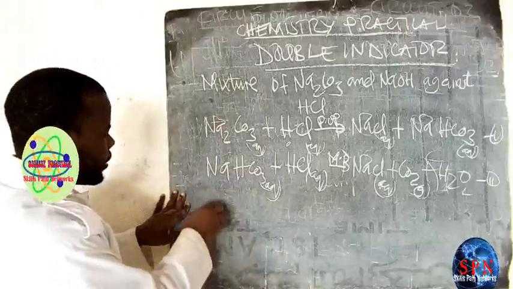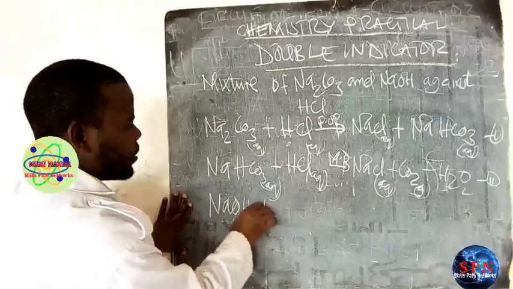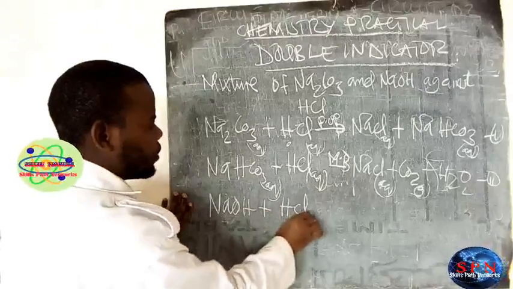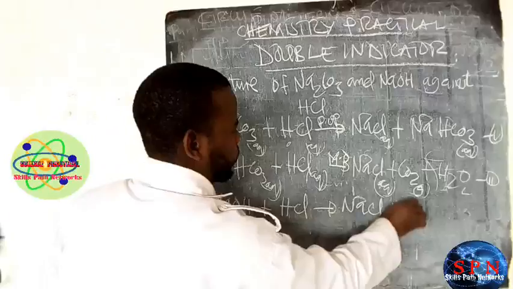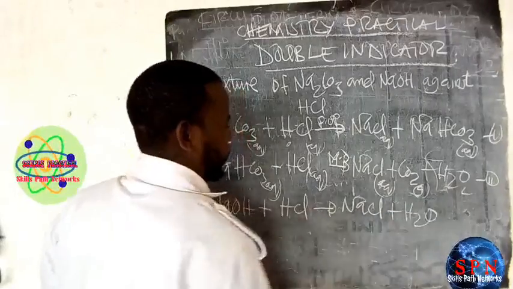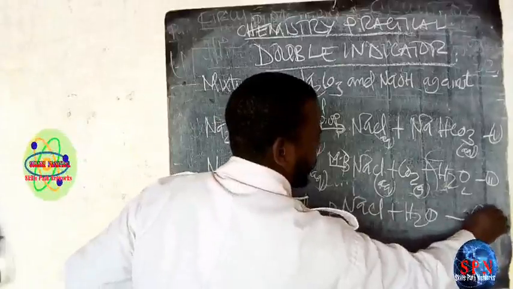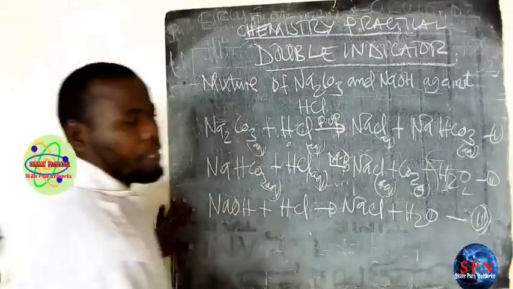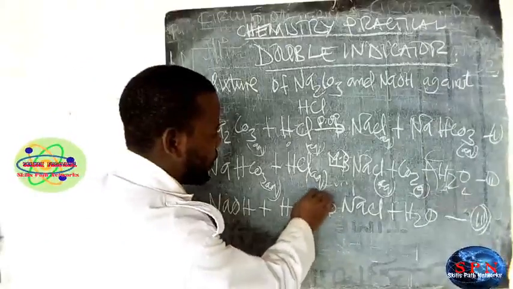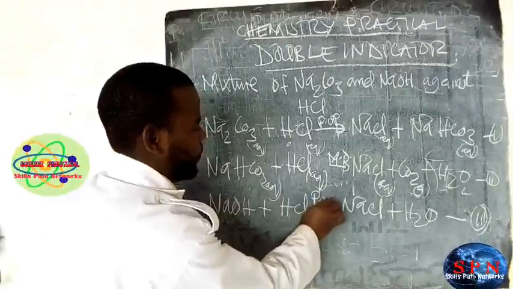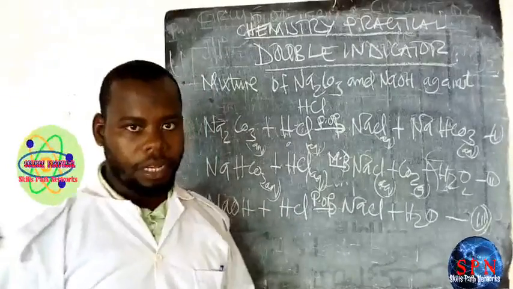And the third reaction: sodium hydroxide will react with hydrochloric acid. We get sodium chloride plus water. That is the third reaction, and this is under POP, or phenolphthalein indicator.